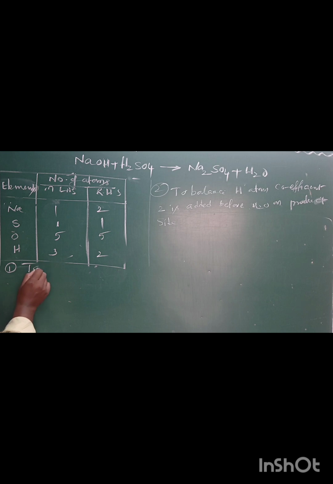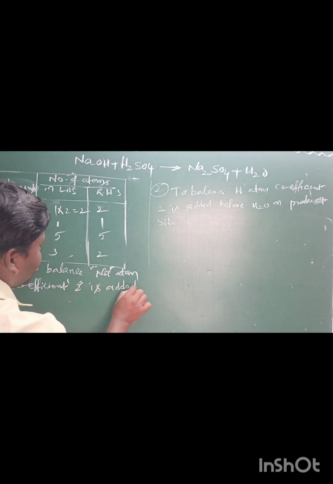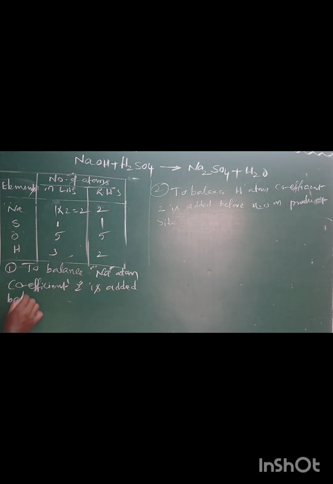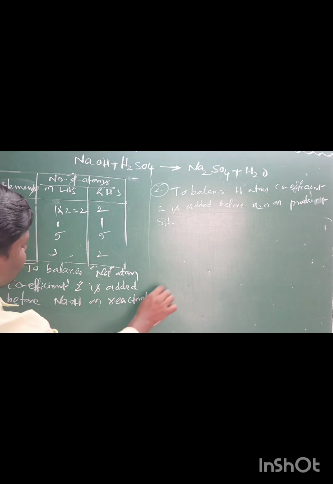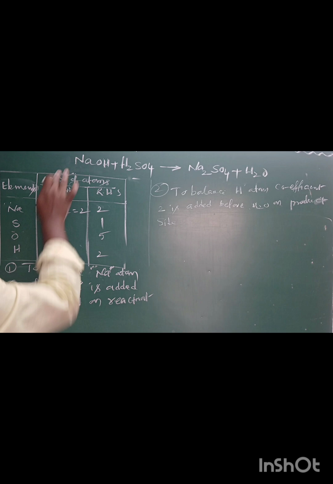Step 1, to balance the sodium atom, coefficient 2 is added before NaOH on the reactant side. Okay, reactant side means this here, we will keep here 2.